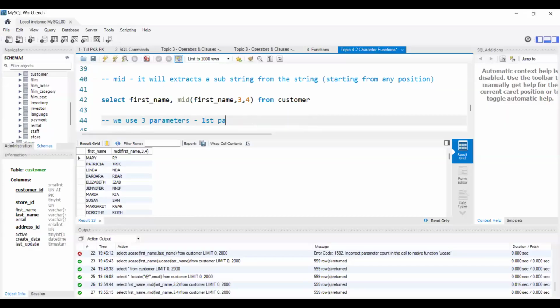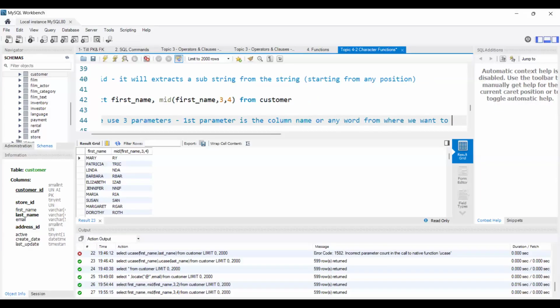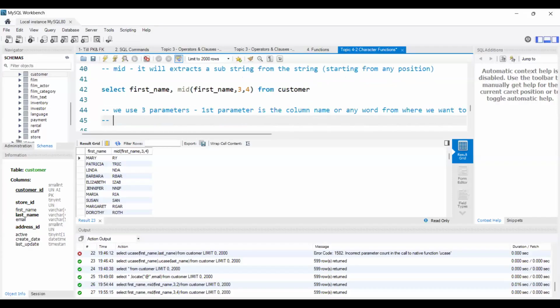The first parameter is the column name, or any sentence or word, from where we want to extract. And the second parameter will be the starting position.